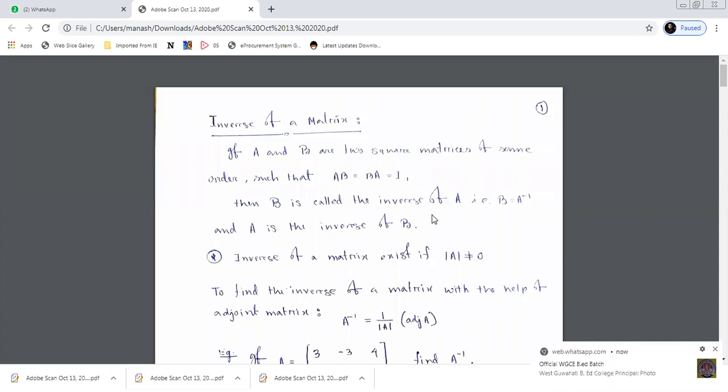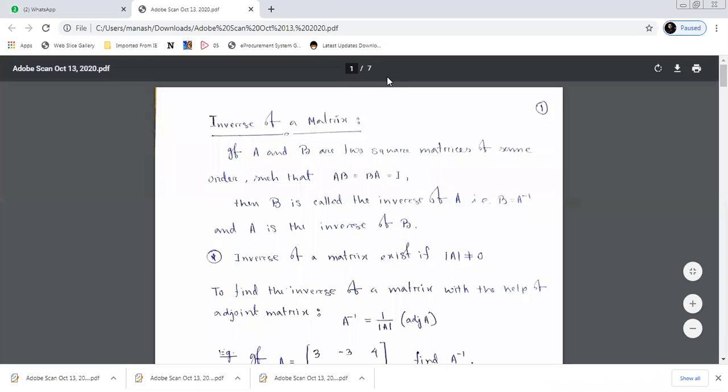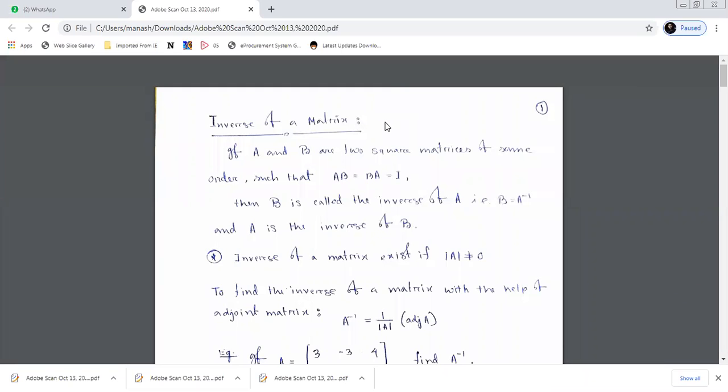Then B is called the inverse of A, that means B equals A inverse. At the same time, A is also the inverse of B. So if AB equals BA equals I, then A is the inverse of B and B is the inverse of A. Clear?